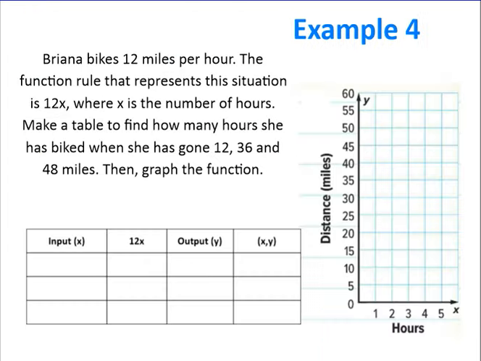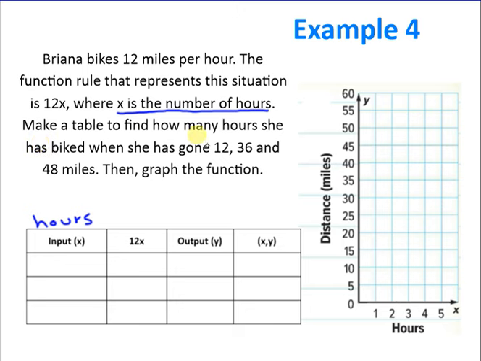Alright, next example. Brianna bikes 12 miles per hour. The function rule that represents this situation is 12x, where x is the number of hours. So I'm going to write hours here.